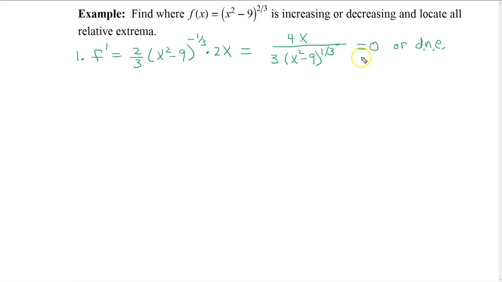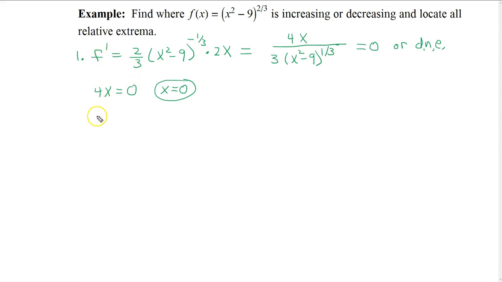Alright, so it's going to equal 0 when the numerator is equal to 0. So if we set 4x equal to 0, we get back that x equals 0. That is one of our critical numbers. On the other hand, if we set the denominator equal to 0, that's where our derivative is not going to exist.